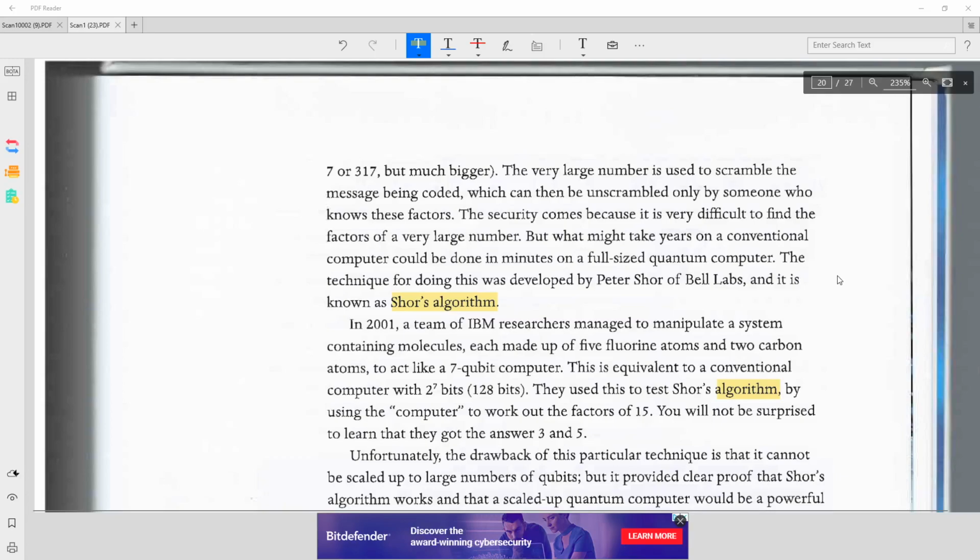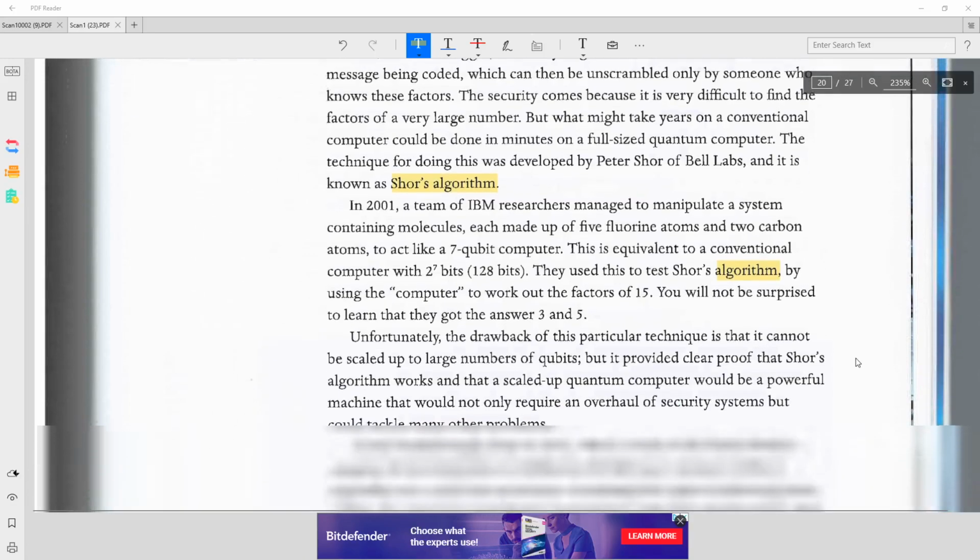The security comes because it is very difficult to find the factors of a very large number. But what might take years on a conventional computer could be done in minutes on a full-sized quantum computer. The technique for doing this was developed by Peter Shor of Bell Labs, and it is known as Shor's algorithm.